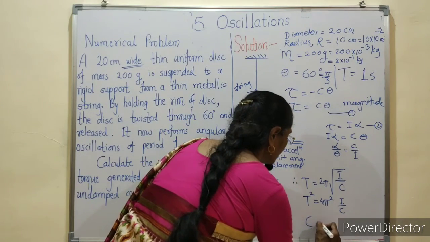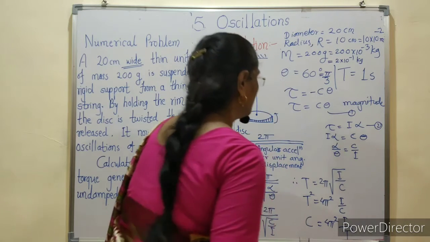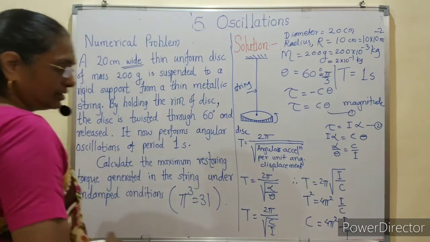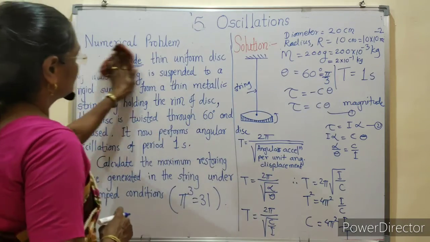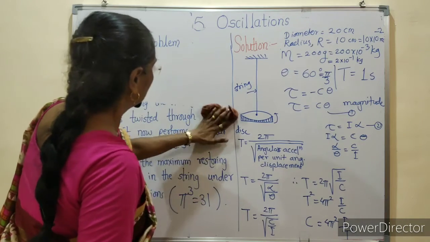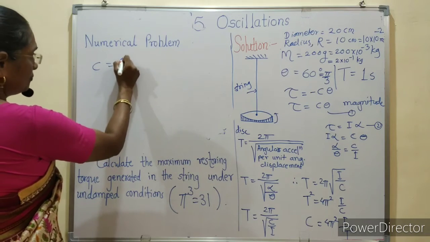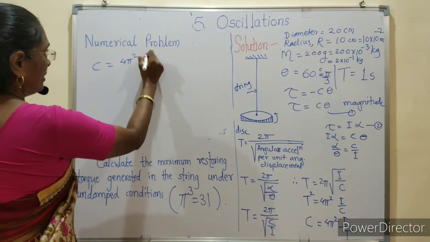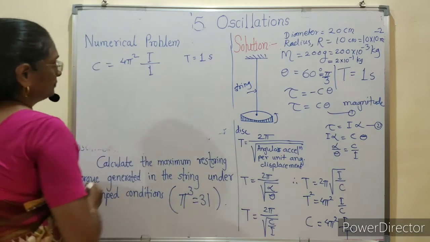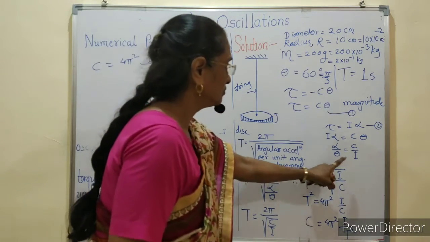Therefore C is equal to 4 pi square I upon T square, and T square can be substituted as 1 second. So we have the relation for C.